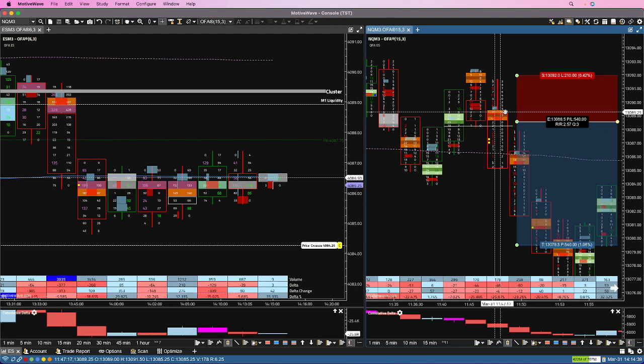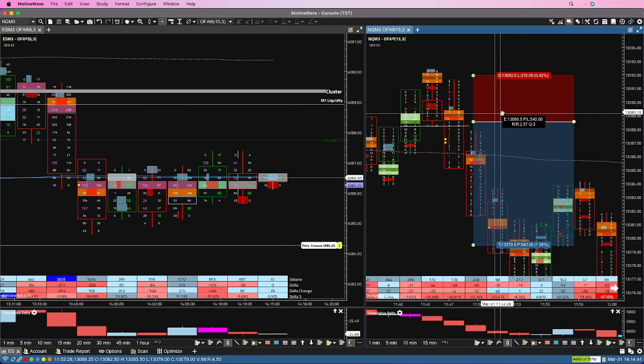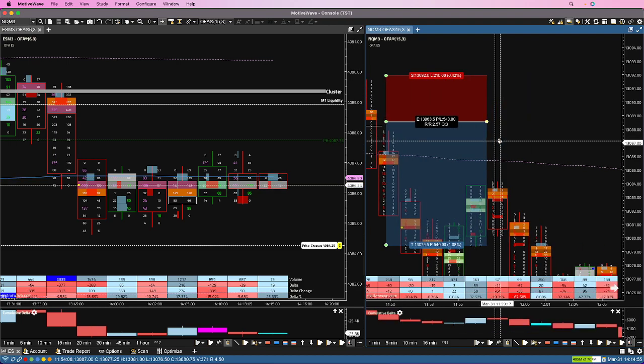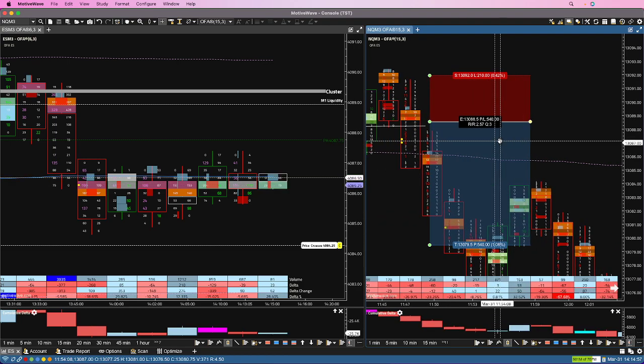So what does it mean? That this cluster is still valid, and when I say it's still valid, you don't have to wait for hours. I mean, it could be valid for the next 10 candles. Okay, for the next 5 minutes. Always be conscious of the context.